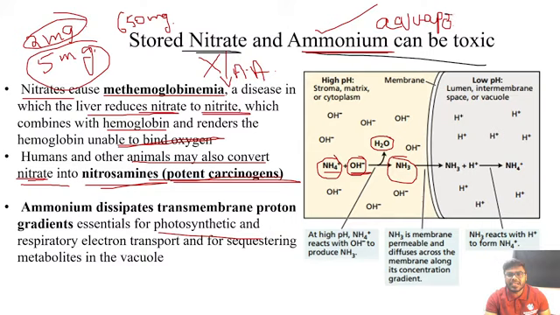NH3 can easily cross the membrane by the aquaporins. Please kindly don't forget the statement at all. So friends, aquaporins are not only transporting the water molecule, aquaporins can also transport uncharged molecules like ammonia, urea, uric acid, glycerol, carbon dioxide.